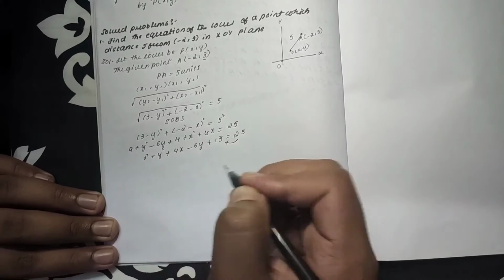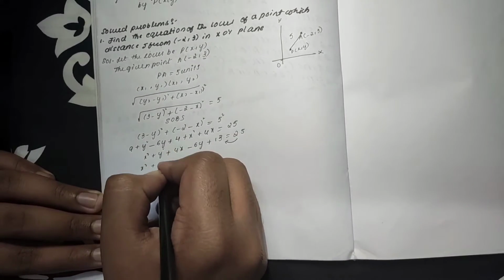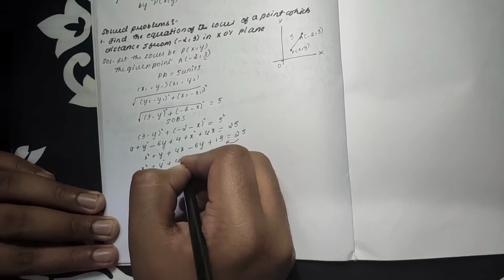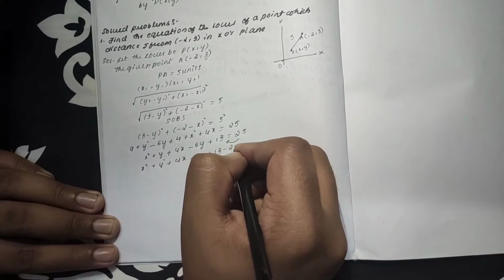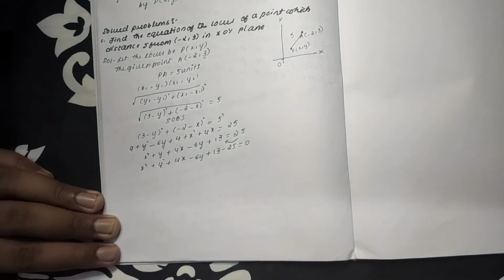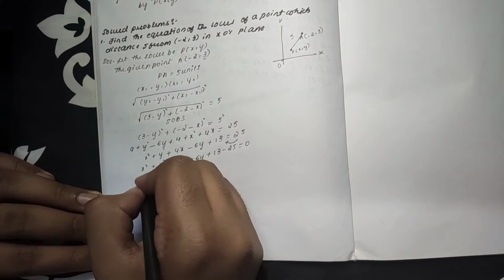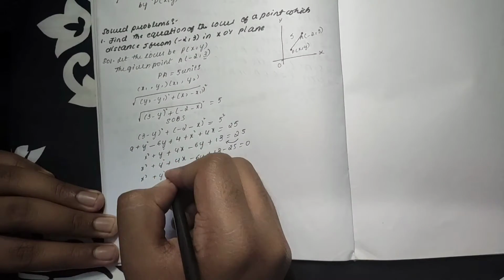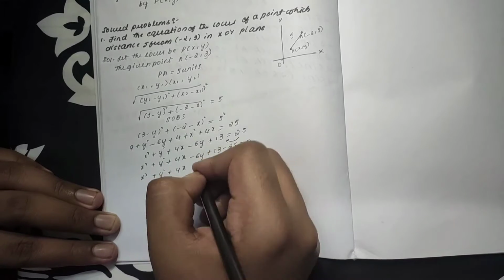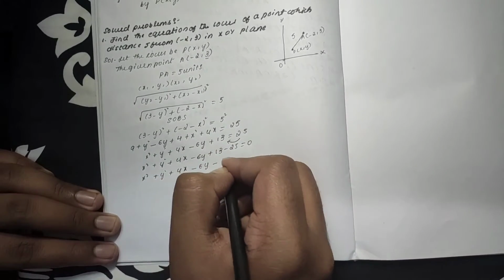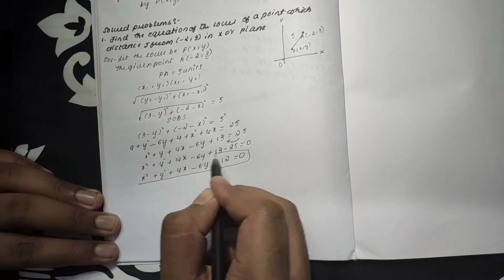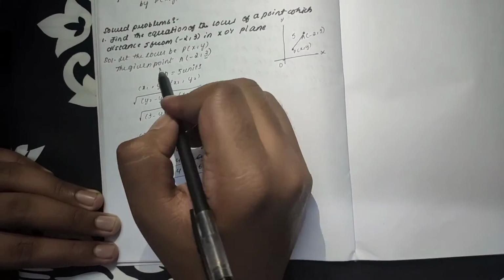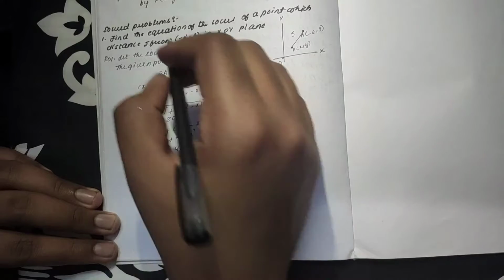Bring this 25 to this side. So this becomes x square plus y square plus 4x minus 6y plus 13 minus 25 equals 0. So finally the answer is x square plus y square plus 4x minus 6y minus 12 equals 0. This is the equation of the locus which was asked in the question.